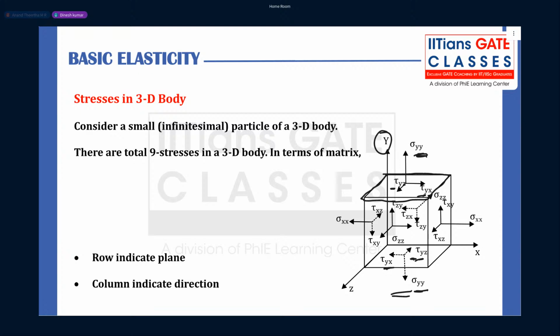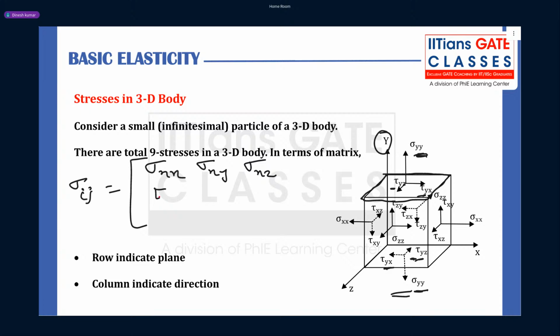Okay, now guys, I want to write my stresses in matrix form. For a three-dimensional stress system, how many total stresses are there? Nine, right? So your sigma ij is: sigma xx, sigma xy, and sigma xz.